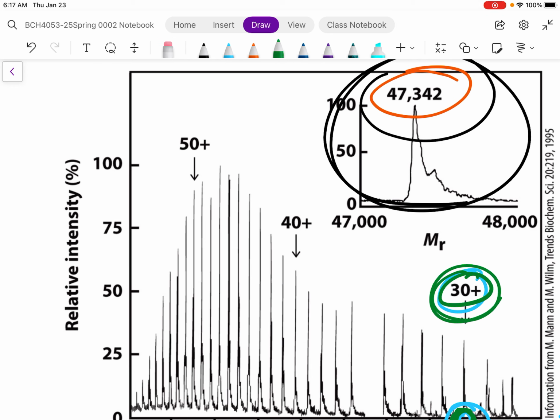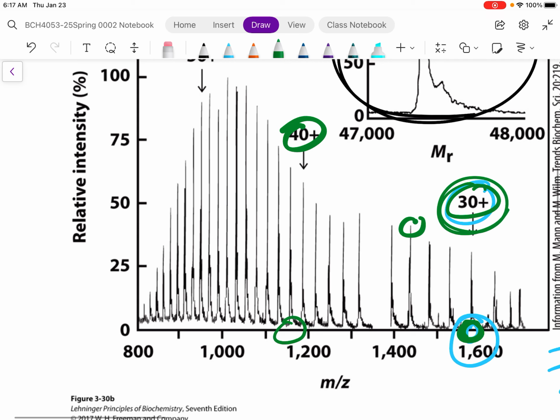You could do it for the 30, you could do it for that one, or the 40. As long as you know the charge state and the x value here, you can do that calculation. So that's how you calculate the mass of a protein when you know the charge state.